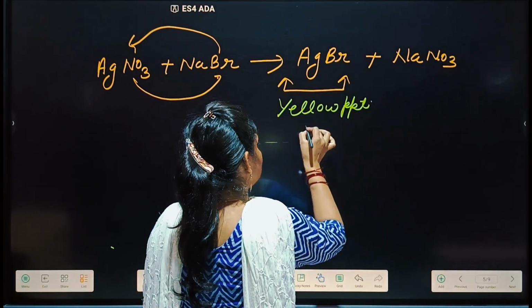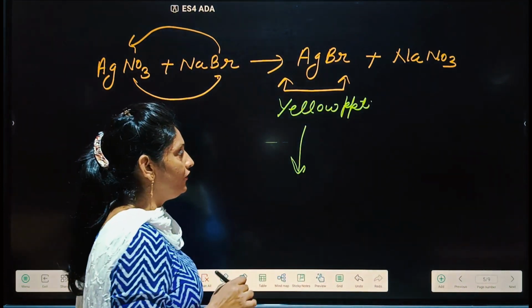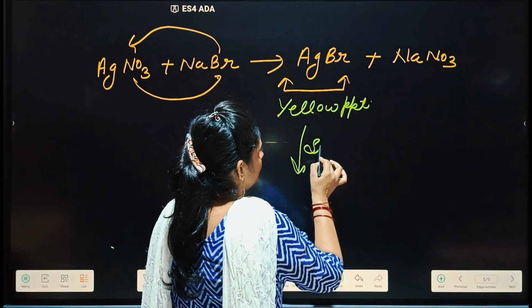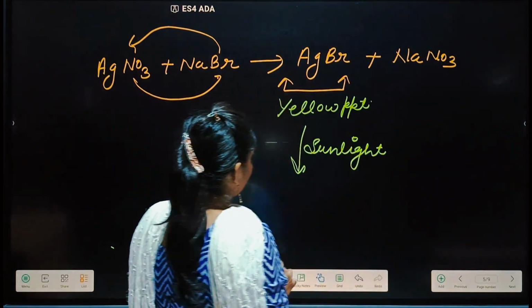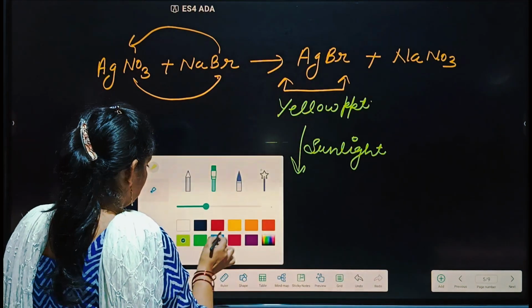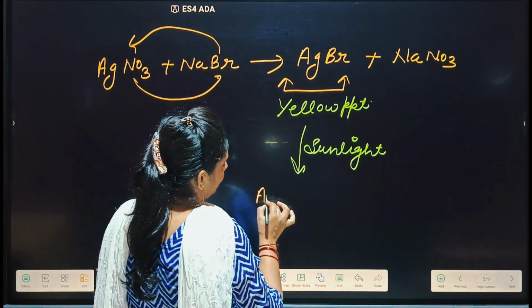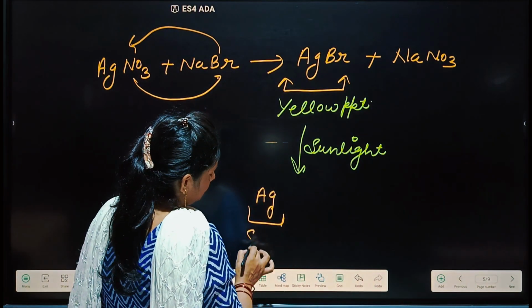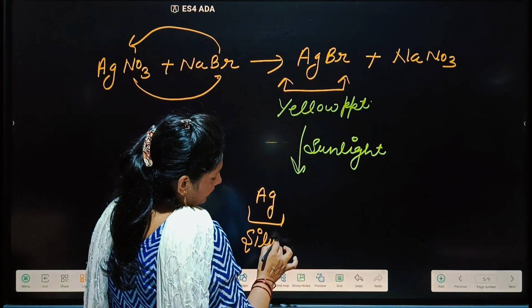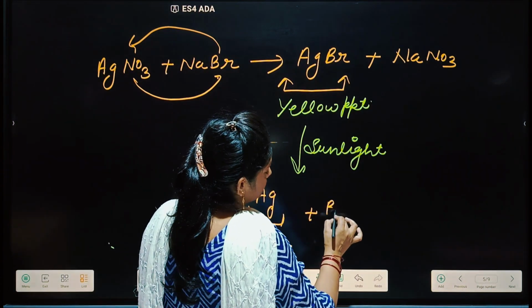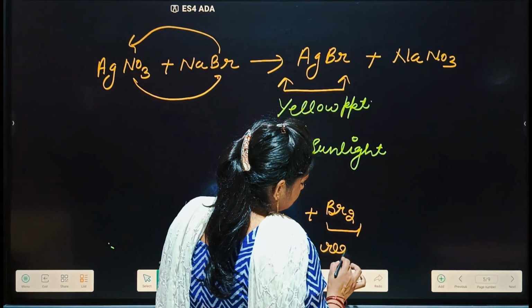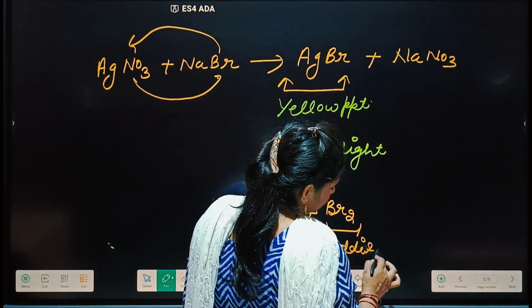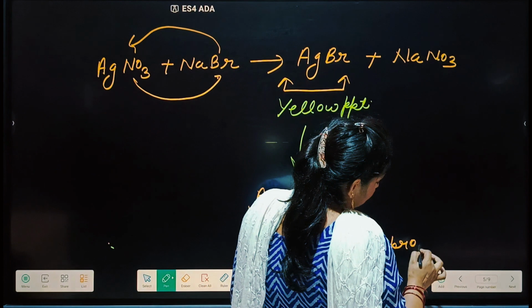You know very well this AgBr is used in photography. When we expose it to sunlight, it gives us silver metal, and bromine gas is released, which is reddish brown in color.